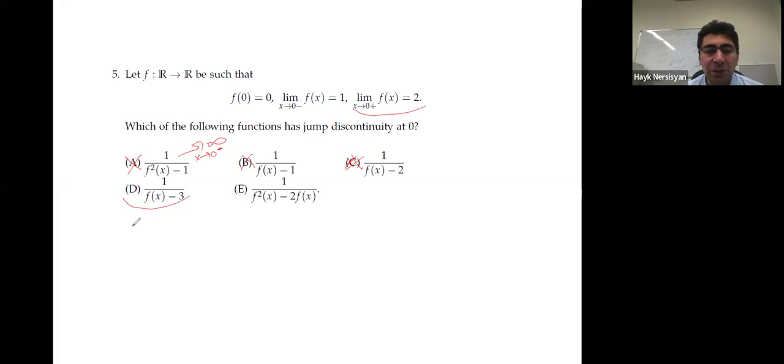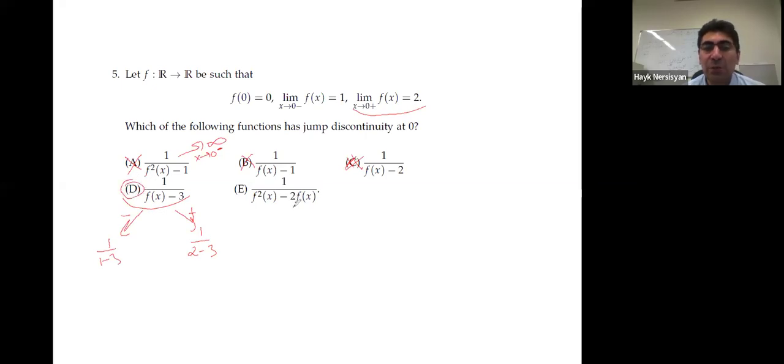We can consider it. The limit from the negative part is 1 over 1 minus 3. The limit from the positive part is 1 over 2 minus 3. So we have two different limits. Hence, we can say it has jump discontinuity.